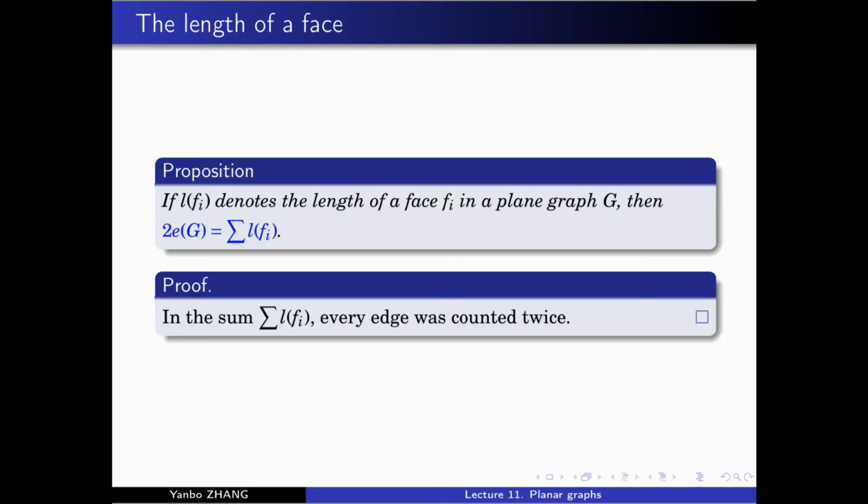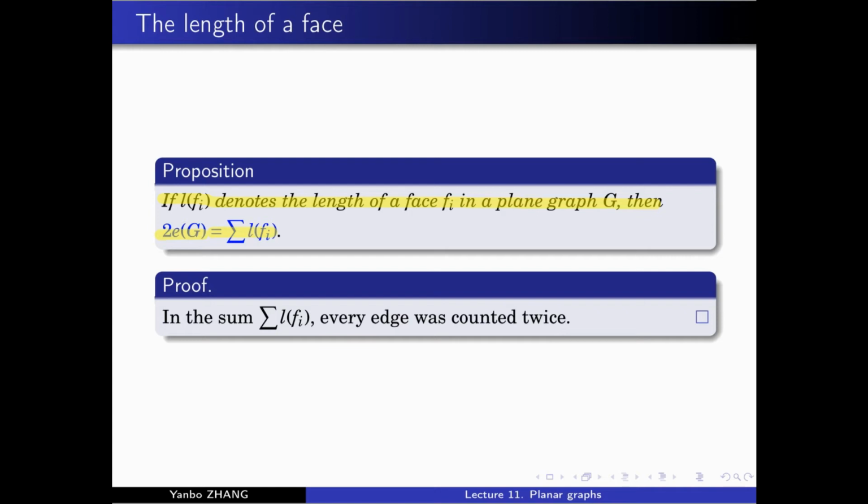We have a proposition on the length of faces. It says that if LFi denotes the length of a face Fi in a plane graph G, then 2 times E(G), where E(G) is the number of edges in the graph G, 2 times the number of edges equals sigma LFi, the total length of all faces.